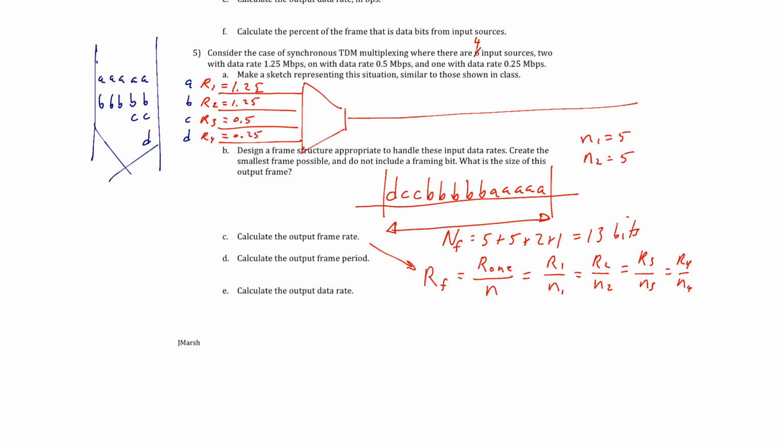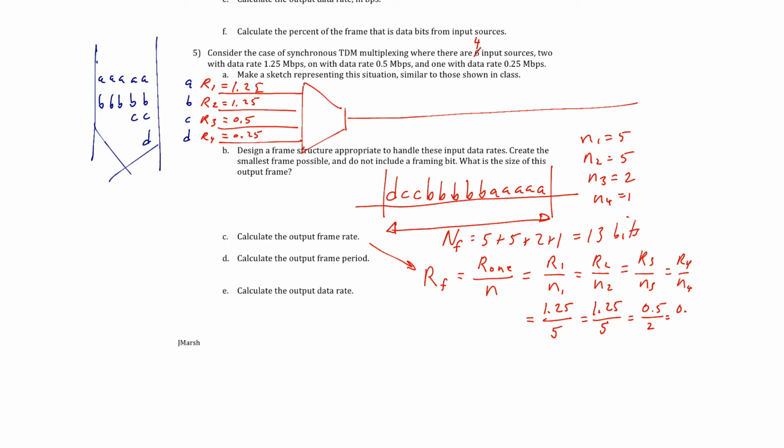So let's go ahead and divide those rates by those numbers and make sure they're all equal. R1 over N1 is 1.25 over 5. R2, 1.25 also. N2 is also 5. R3 is 0.5, and N3 is 2. And last but not least, source number 4, 0.25 is its rate, and it only gets 1 bit in the frame.